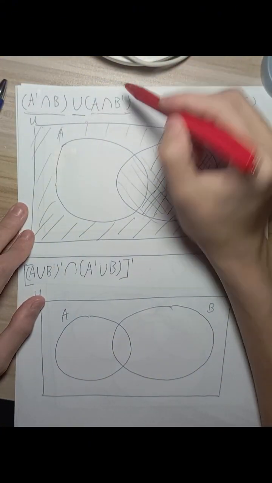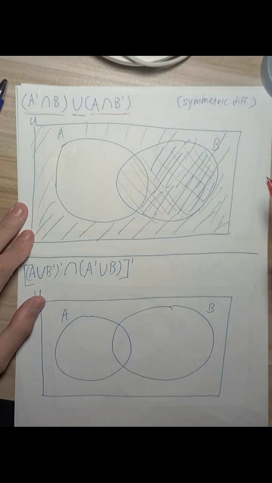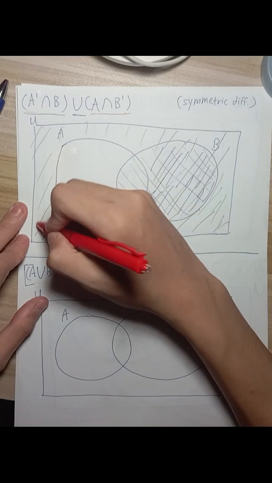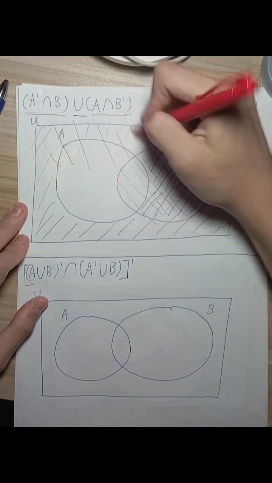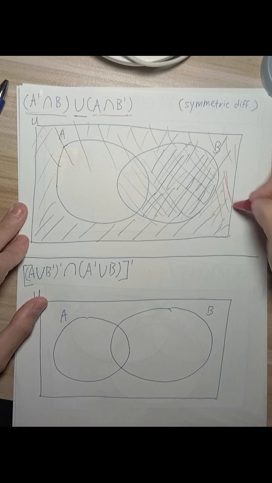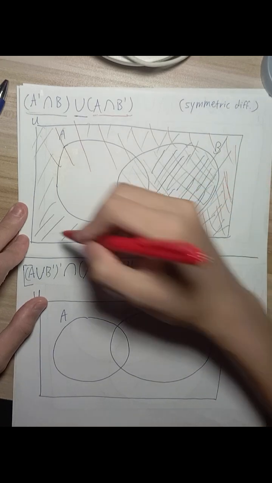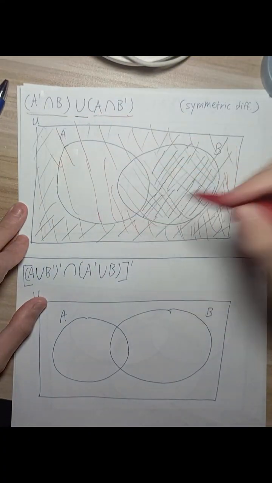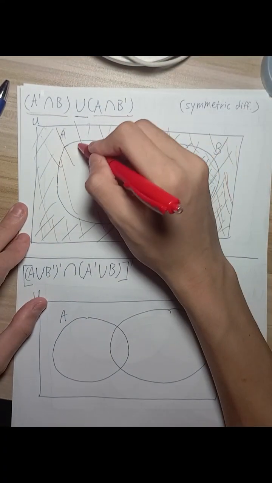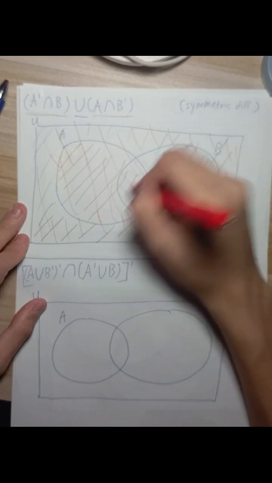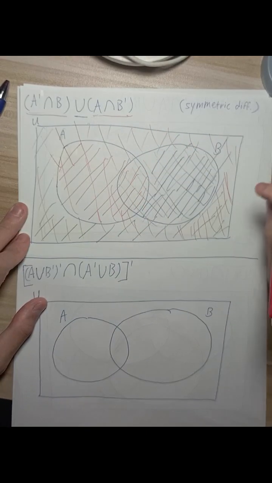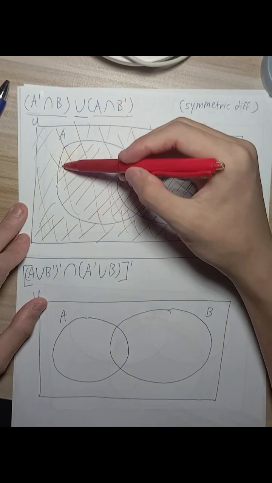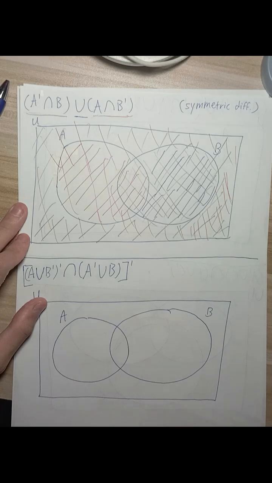Then next we have the intersection between A and B prime. So B prime is just everything outside B. And A is just A. As you can see here, the intersection between A and B prime is also the crisscross lines, the section in the crisscross lines.